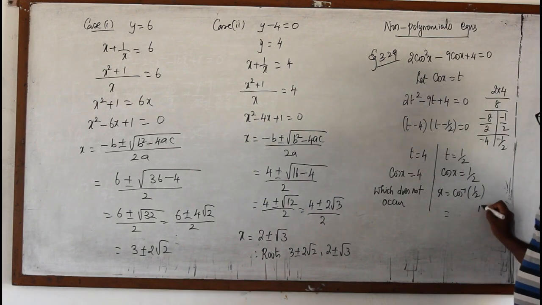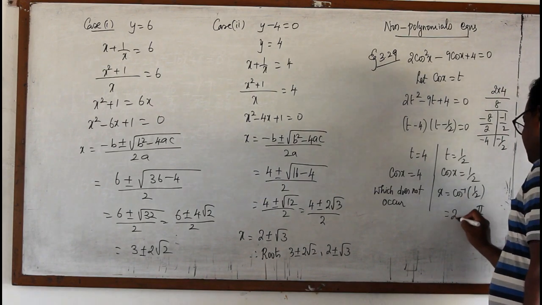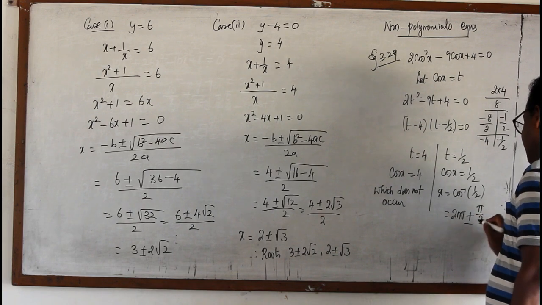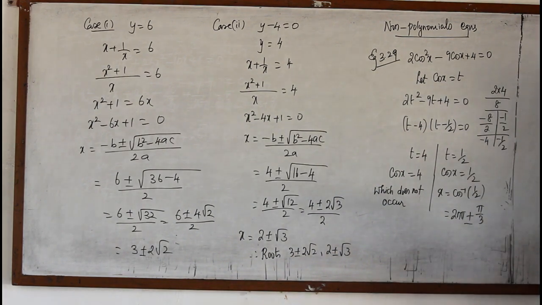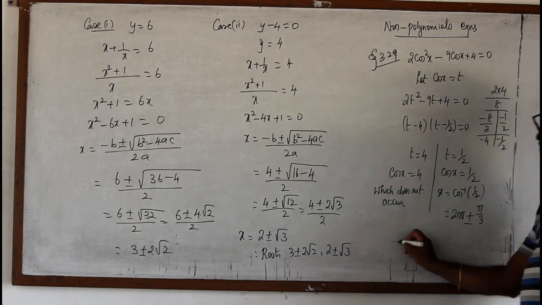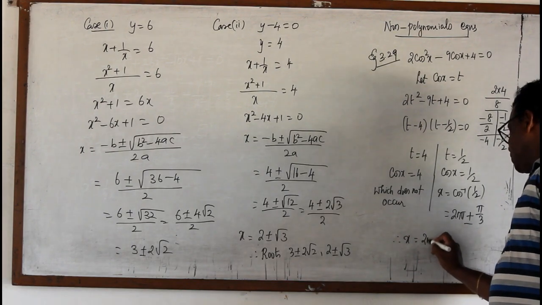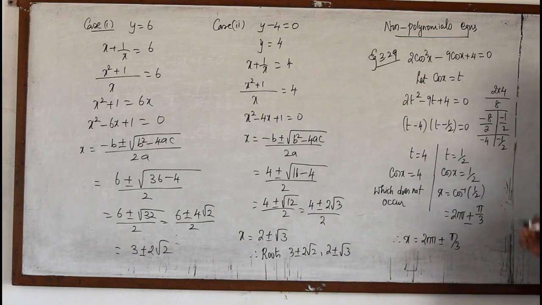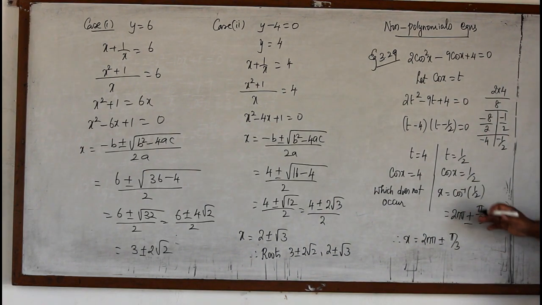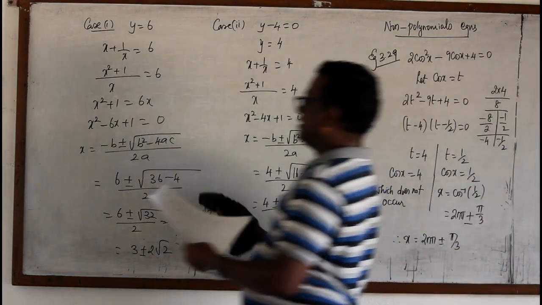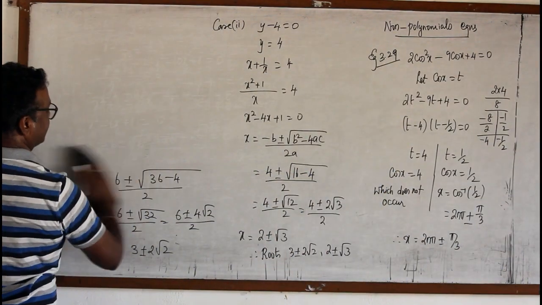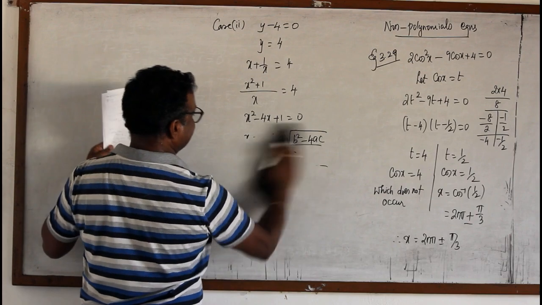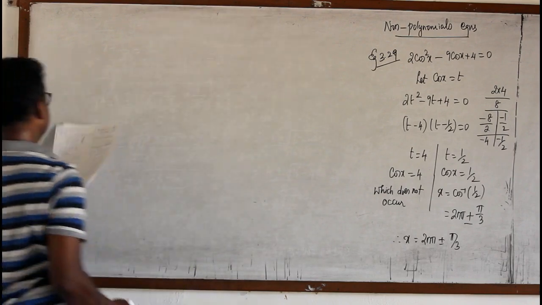It is pi by 3, but we know the complete rotation is 2n pi plus or minus pi by 3. So therefore x equal to 2n pi plus or minus pi by 3. So this kind of non-polynomial equations also we can solve by our usual methods. So with this idea, we shall go for the exercise.